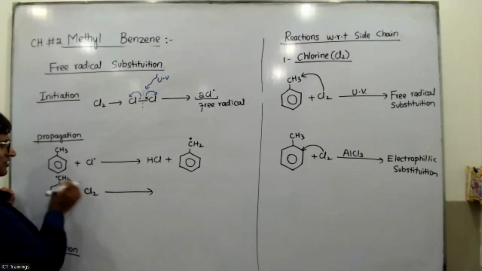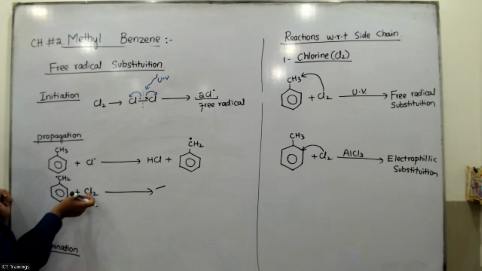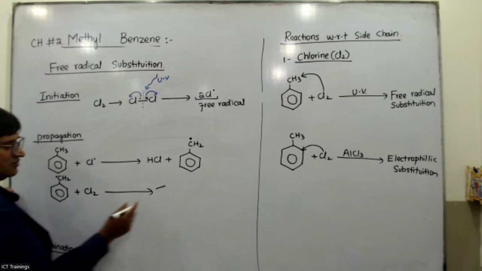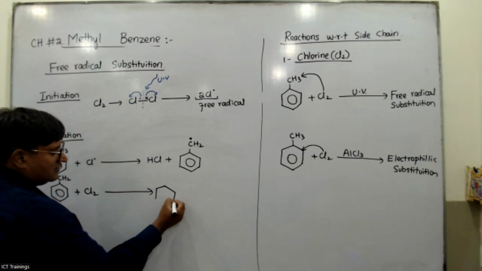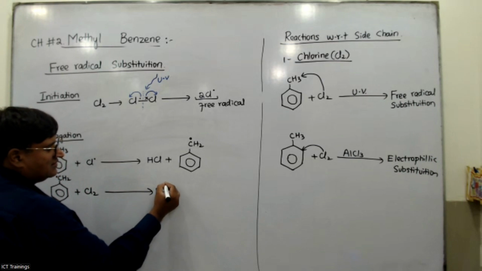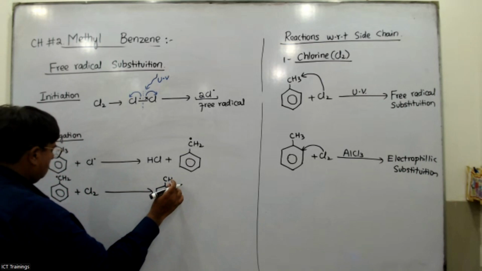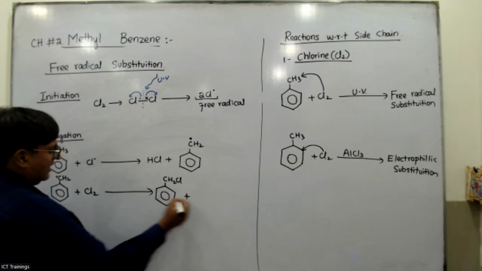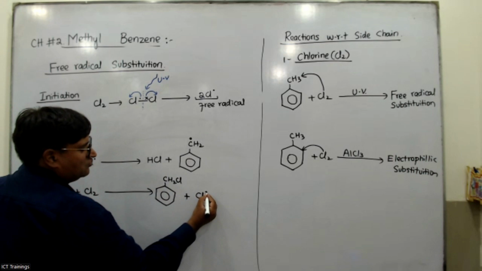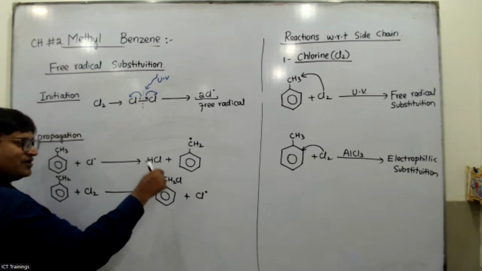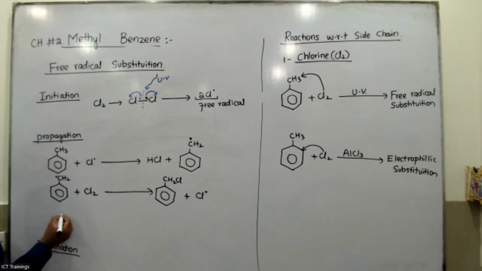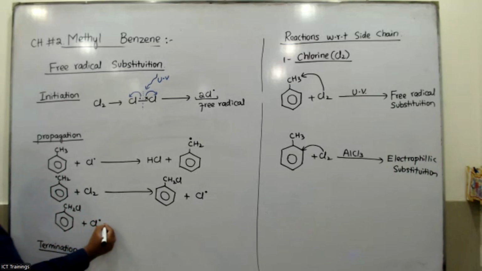So this free radical will take out something from it, and you will get benzene with CH2Cl, and the other chlorine will change into a free radical. Now this radical is going to attack in the next step. So this is CH2Cl and the Cl free radical.